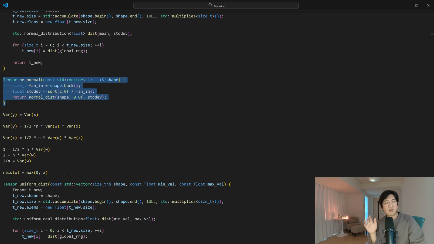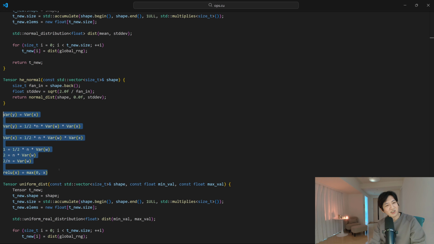So yeah, to simplify, we use this initializer to prevent vanishing gradients, but in more detail, this is how this function was implemented.